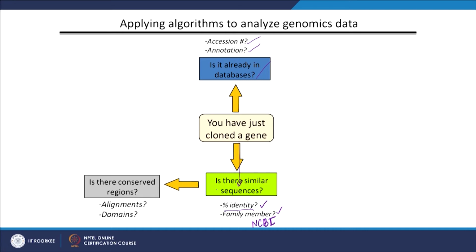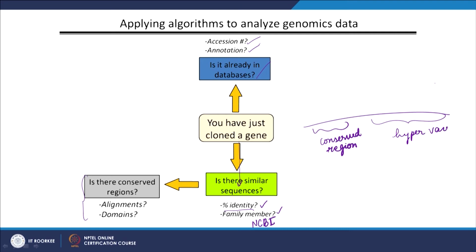And the next step is I want to find out, are there conserved regions in it. If you remember from 16S rRNA analyses, one of the beauty of 16S rRNA is that it has conserved zones. So let's say this is the hypervariable region or just the variable region.